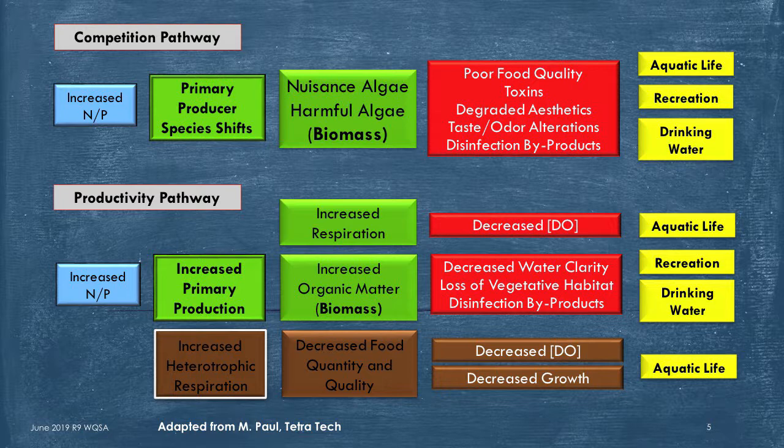It causes decreased water quality, loss of vegetated habitat because the things that were growing can't grow because of a bunch of algae on top. And it causes problems with disinfection byproducts, chloramines, when folks try to treat it. That can affect aquatic life and recreation and drinking water. So that's the classic eutrophication model.